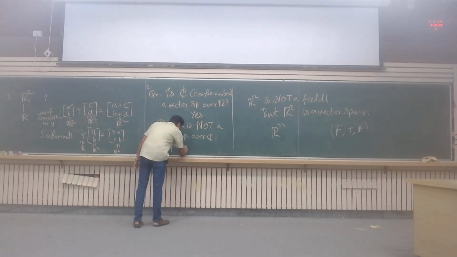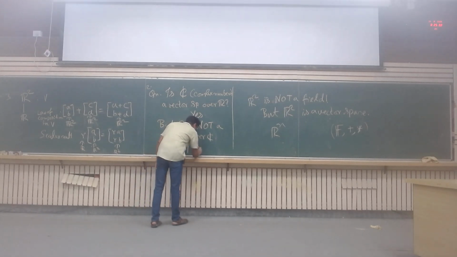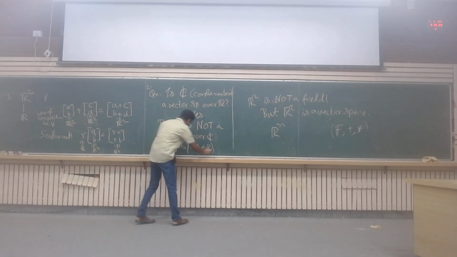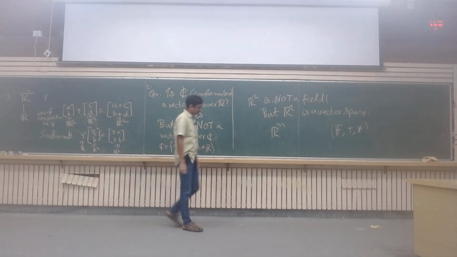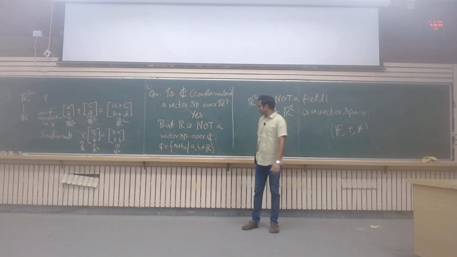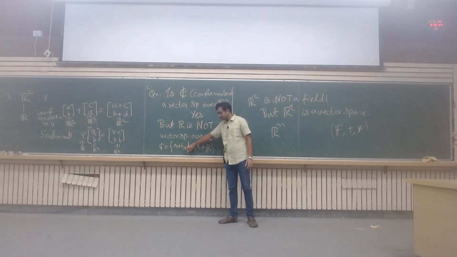A plus Bi such that A and B are in R. What happens if we replace i by some variable X or T? Is that a vector space? That is, you are considering linear polynomials now. Linear polynomials or constant polynomials, because A or B could also be 0, right? If A is 0, it's still a linear polynomial. If B is 0, it is a constant, in that setting where i is replaced by T or X, some variable.